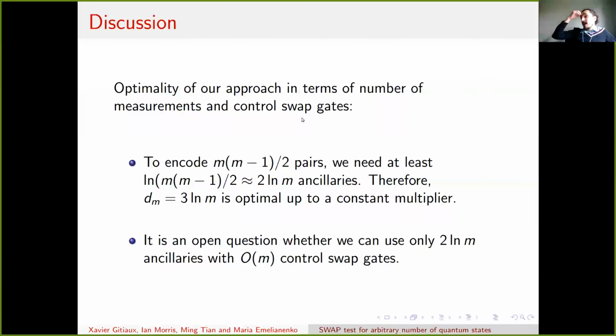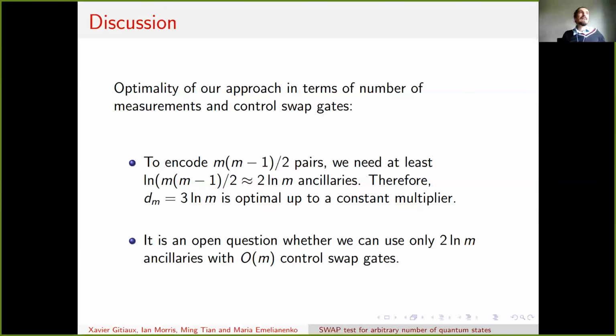The questions we have now are multiple. One is how optimal is the circuit? Obviously the question is tricky, because finding optimality is a little bit tricky here. We already know that we need some sort of order of magnitude log m ancillas.